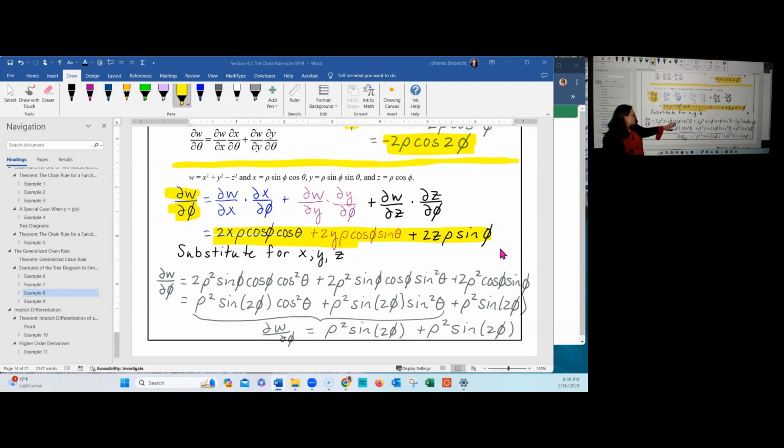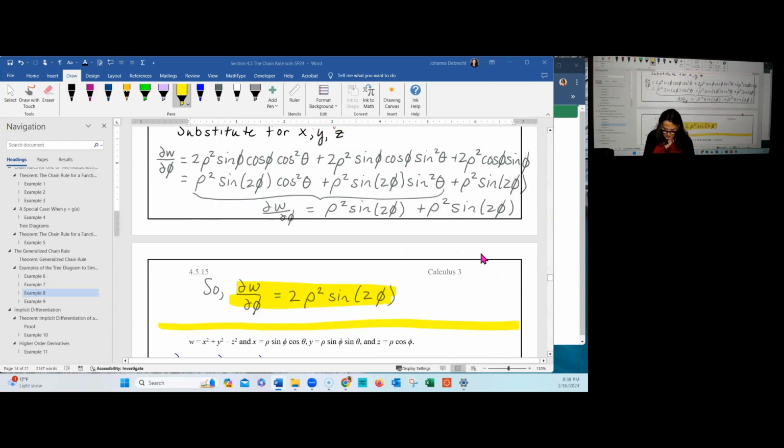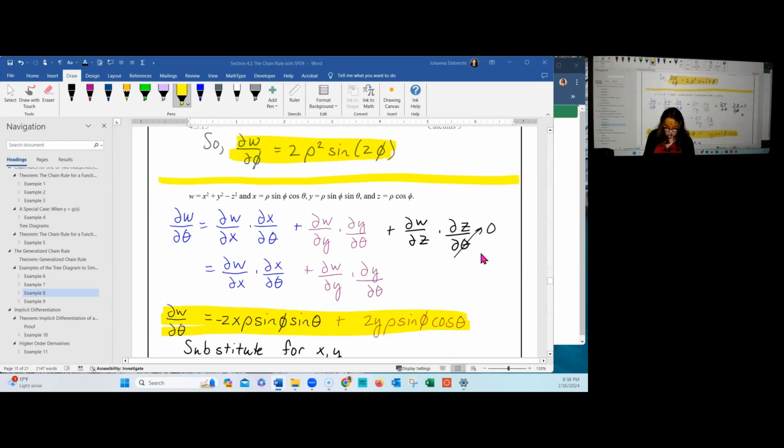Recall that 2 sine phi cosine phi is in fact the sine of 2 phi. It's a double angle formula. And then finally, this gives us, again, the final term, rho squared sine of 2 phi. This gives us 2 of that term, and that gives us the final expression for the partial derivative of w with respect to phi, which is 2 rho squared sine of 2 phi. You could also have that written as 4 rho squared sine phi cosine phi, which would also be acceptable.